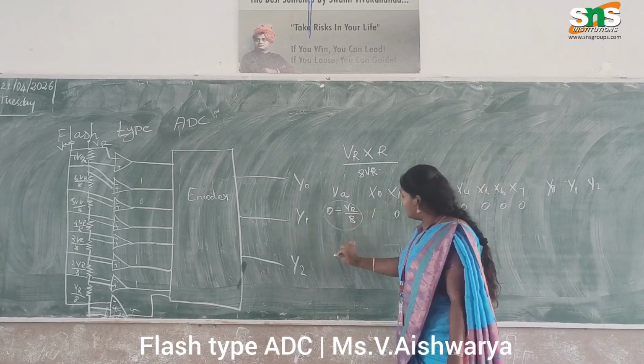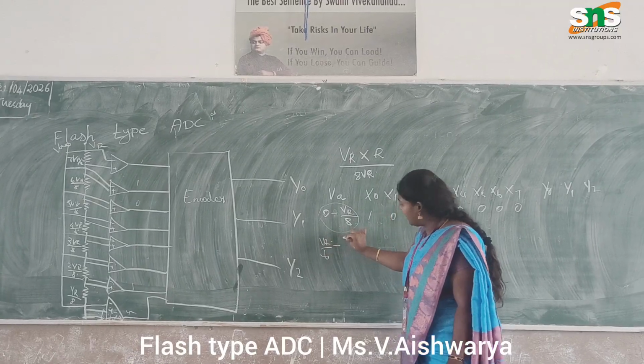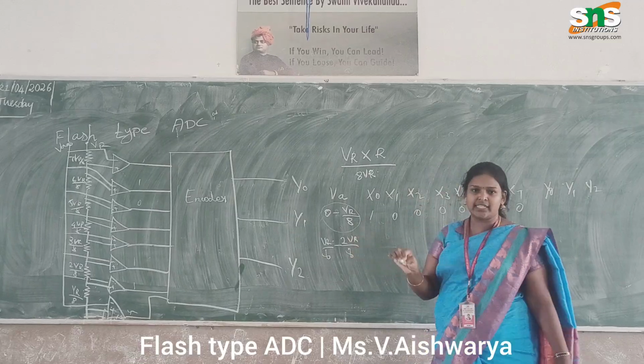After that we apply the signal VR by 8 to 2 VR by 8. That is our second signal.